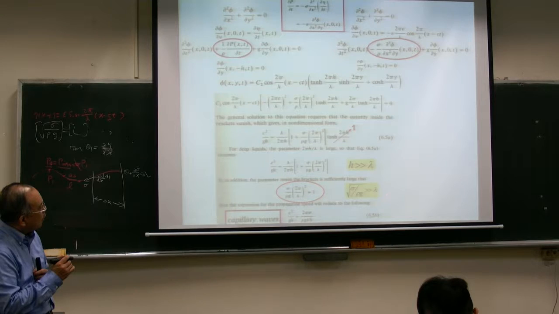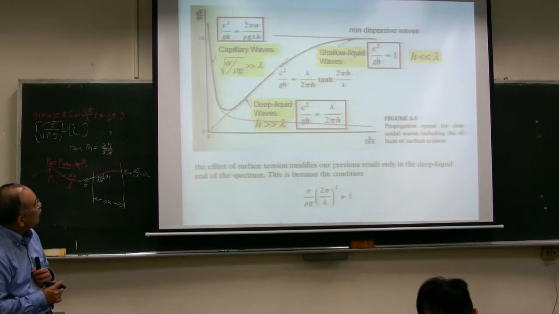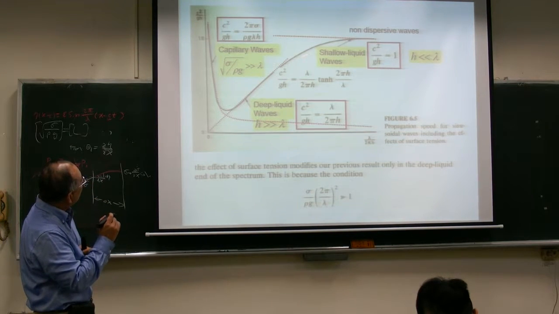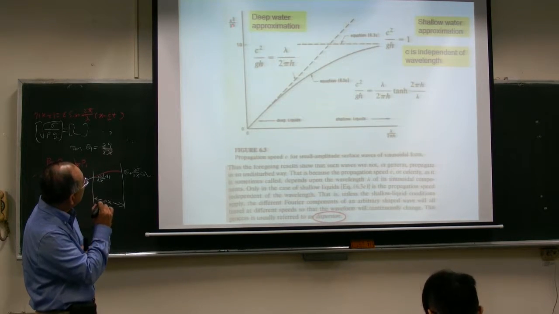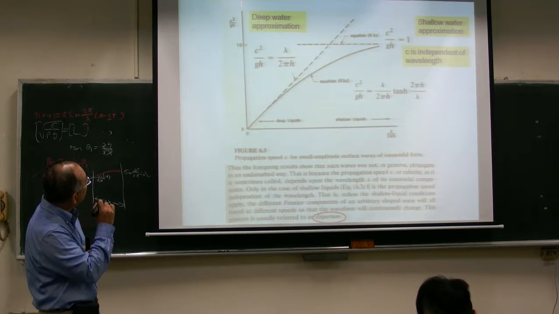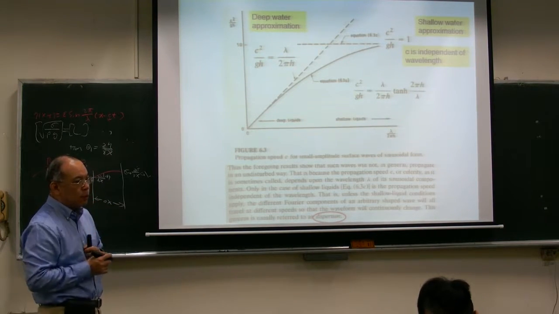So the capillary wave modifies our so-called deep liquid wave, as you can see here. Our previous solution is like this. If you compare with the previous dispersion relation, this is the lambda function, this is the c function, without considering any surface tension.